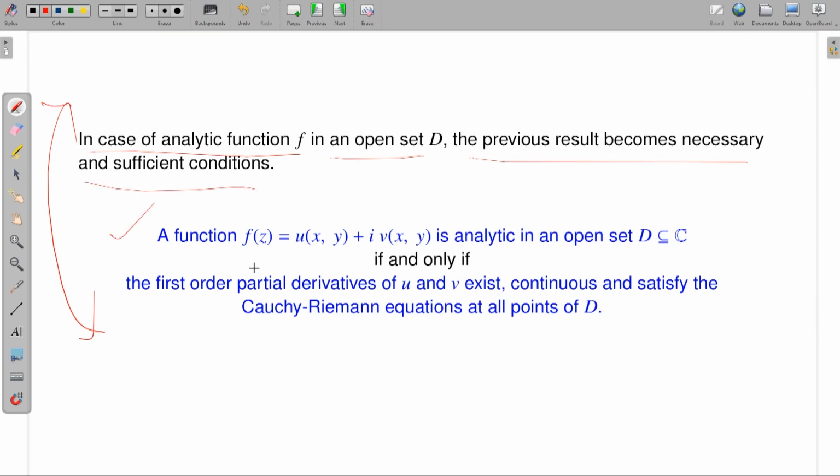In other words, my function f of the form u plus iv is analytic in an open set D subset of C if and only if all the first order partial derivatives of u and v exist, they are continuous and satisfy the Cauchy-Riemann equations at all points of D. So you can think of this as a theorem, the necessary and sufficient conditions for a function f to be analytic in an open set D subset of C. If that is the case, then my function is analytic, and if f is analytic, this is automatically true.